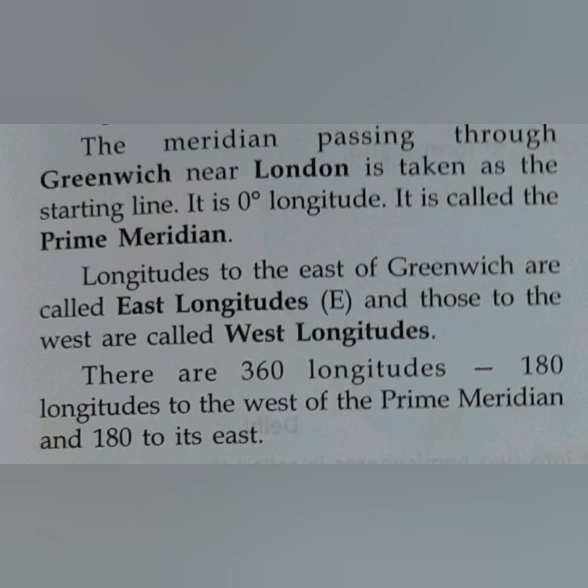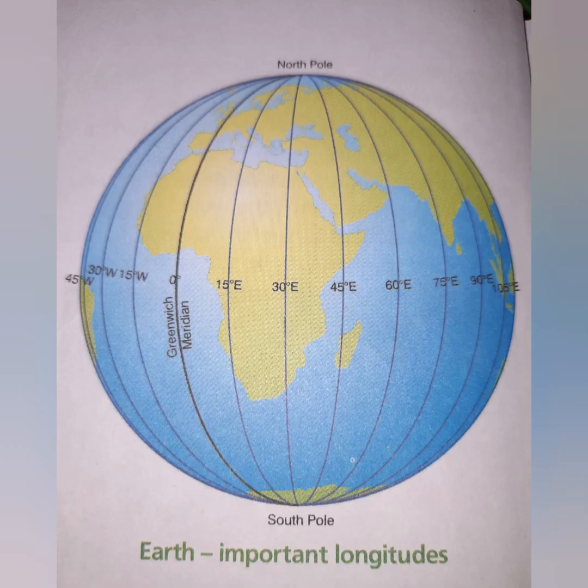Longitudes to the east of Greenwich are called east longitudes, and those to the west are called west longitudes. There are 360 longitudes, 180 to the west of the prime meridian, and 180 to its east. Let's see the picture.